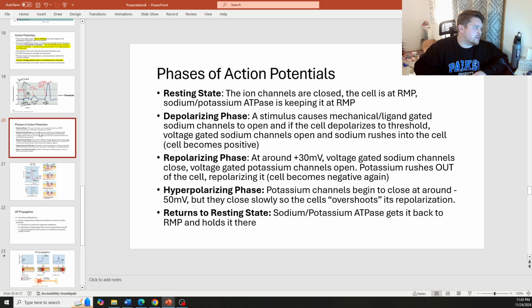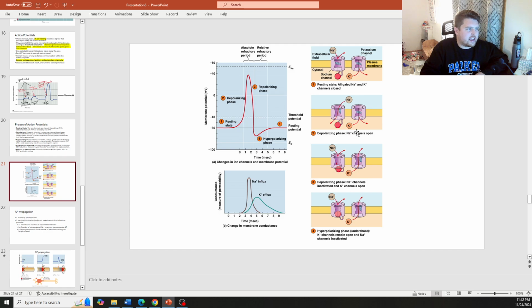The phases of our action potentials, we have 4 phases that we look at. There's a resting state. So this is when the cell is just waiting for something to happen. Depolarizing phase, where we're getting more positive. Repolarizing phase, where we're getting more negative.